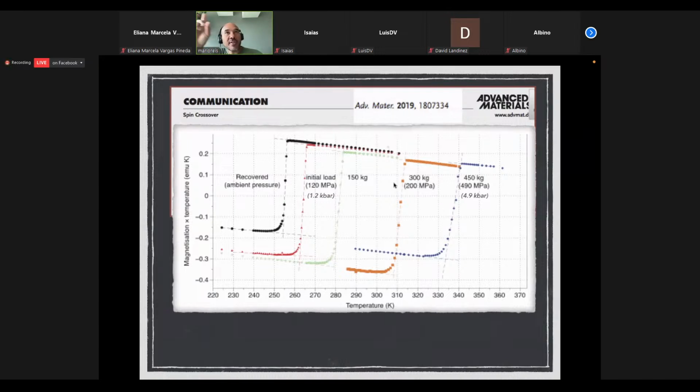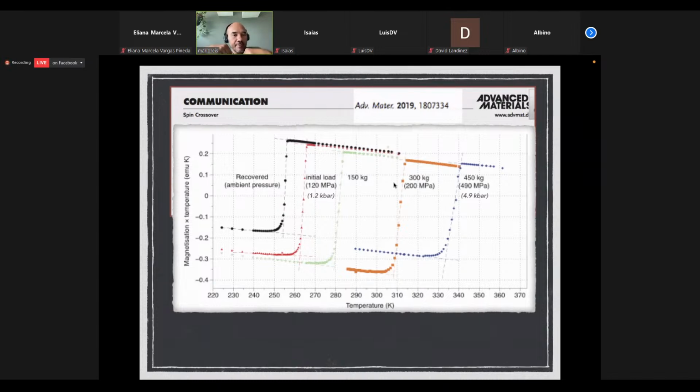There isn't magnetic interaction between the molecules, and the system is paramagnetic. So it changes from diamagnetic to paramagnetic.